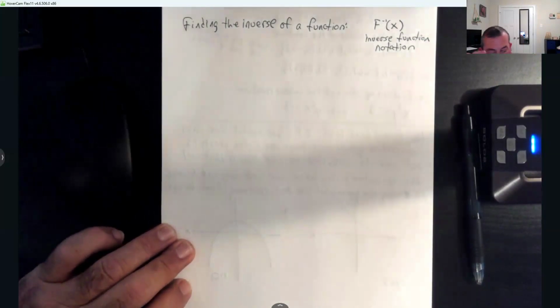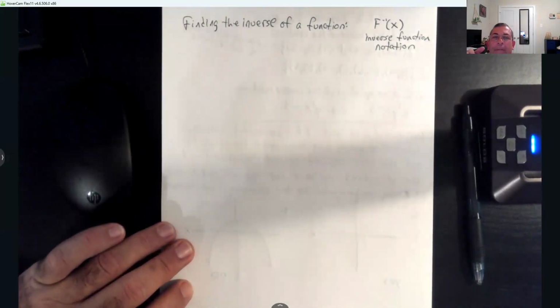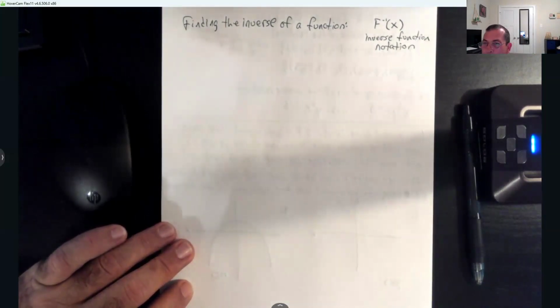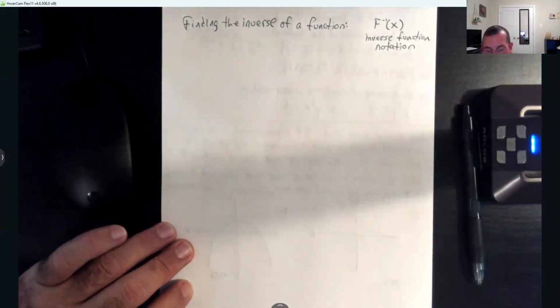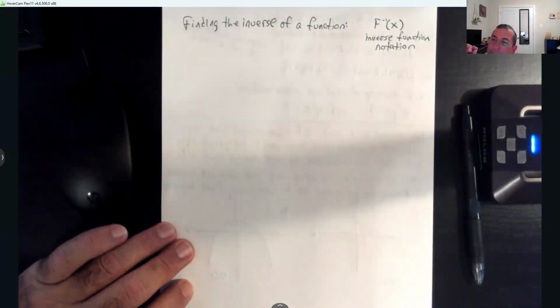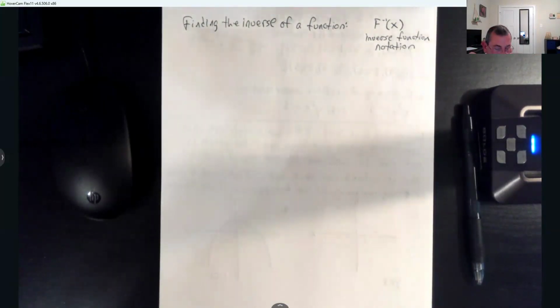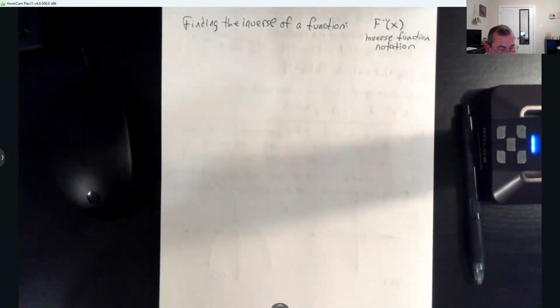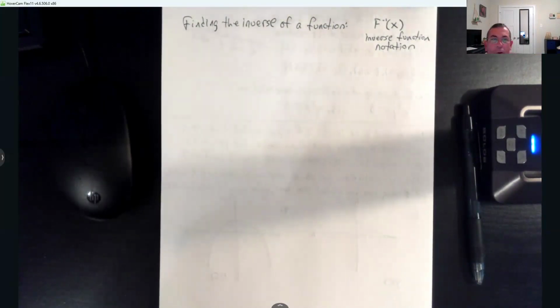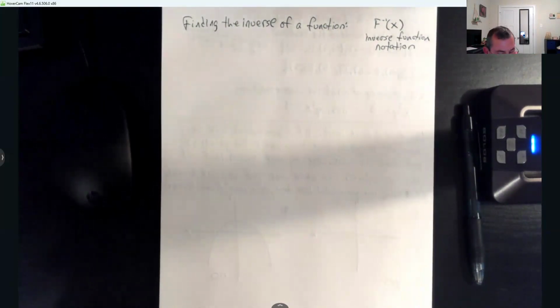Now, here's the thing. The function has to be one-to-one. So if you were to graph it on your calculator, you would see that it would be one-to-one or not, okay? So here's the thing. On the homework, from 7 through the rest of these, every single one of them is going to be one-to-one.